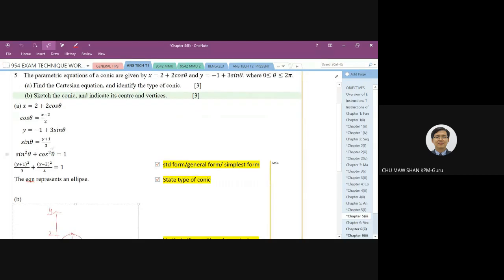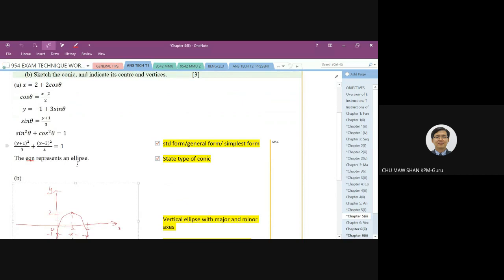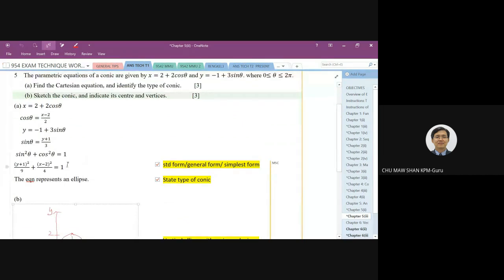So I use this basic identity, sine squared plus cos squared equals 1, to link the two together. Then I can eliminate the theta. And then I recognize it as a vertical ellipse. Vertical ellipse. So make sure you comment. The equation represents an ellipse, because here it asks you to identify. You cannot sebut.